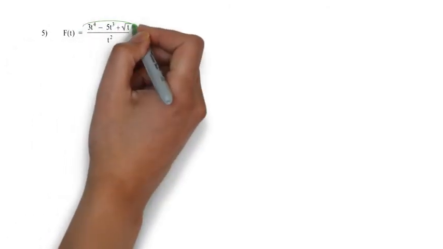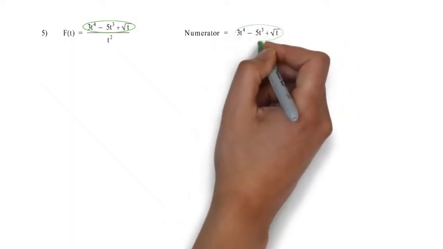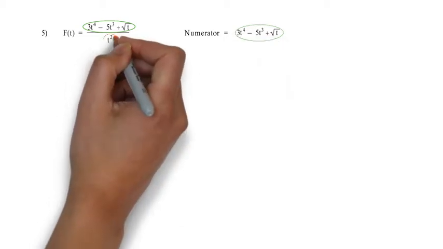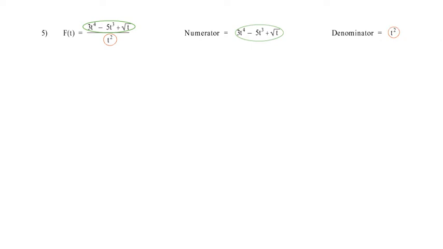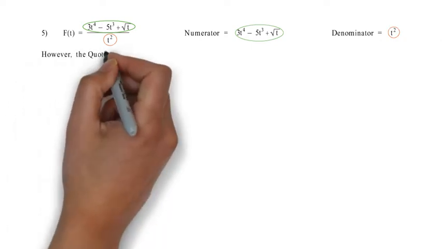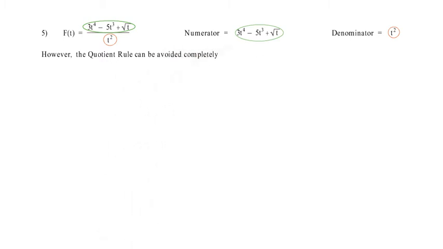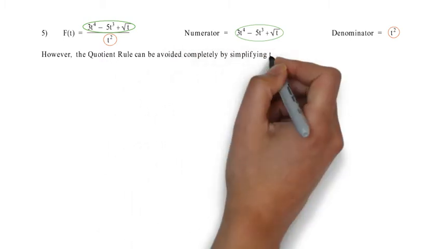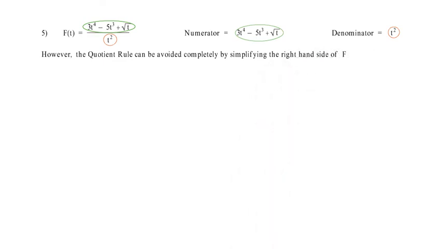5. 3t to the fourth minus 5t cubed plus root t is the numerator, and t squared is the denominator. However, the quotient rule can be avoided completely by simplifying the right-hand side of f as follows.